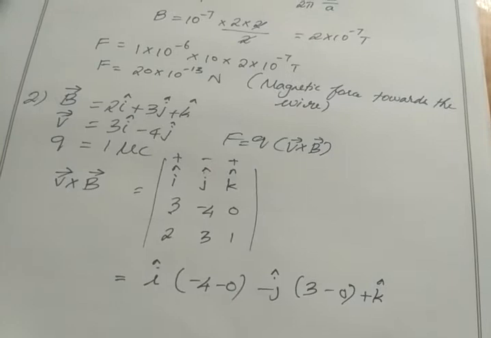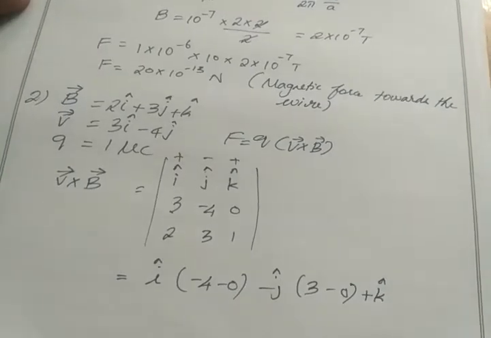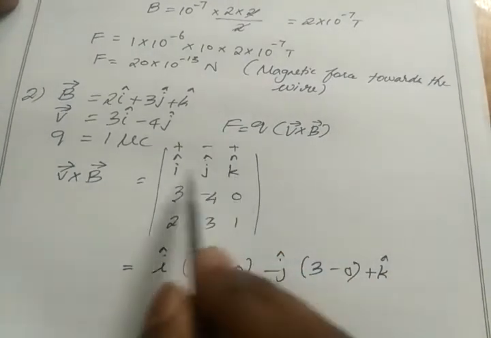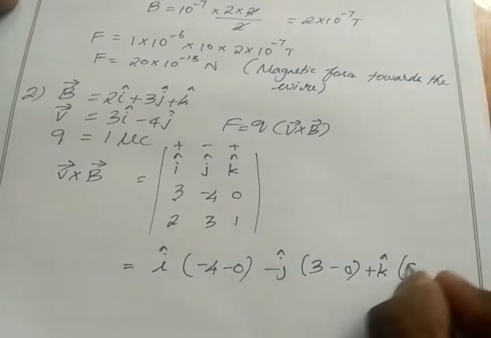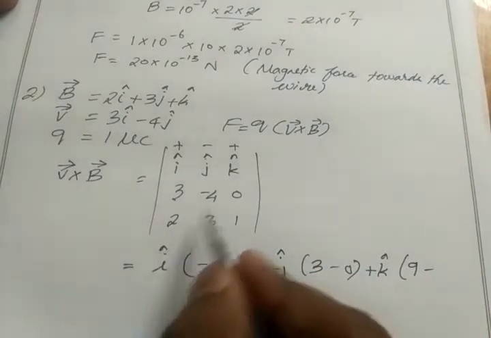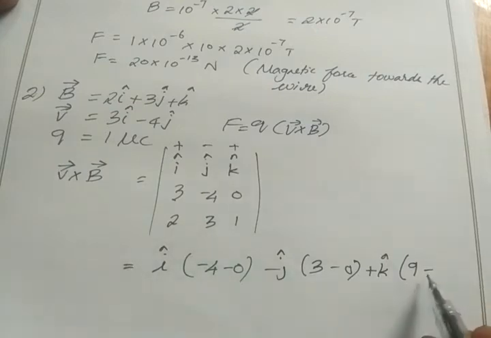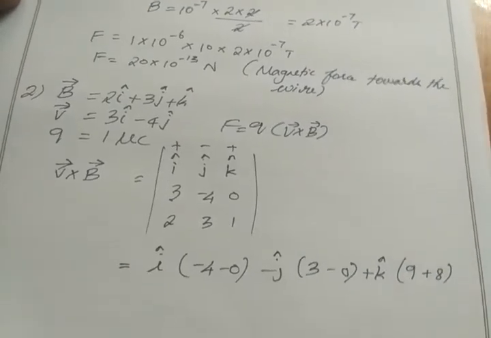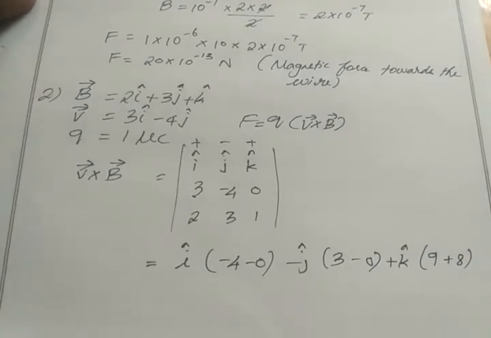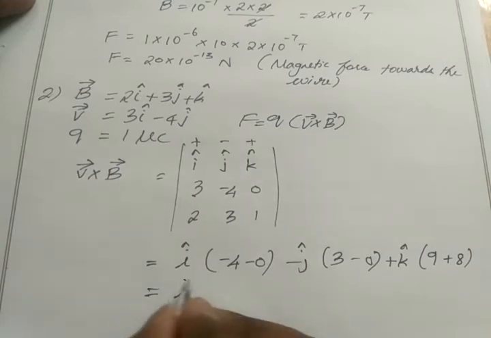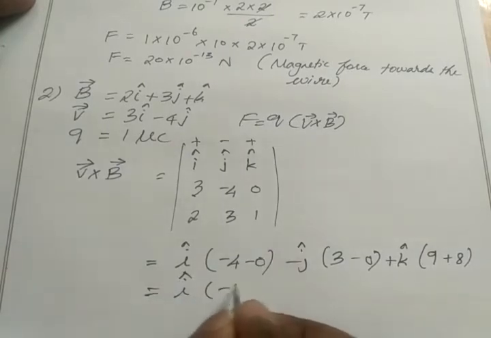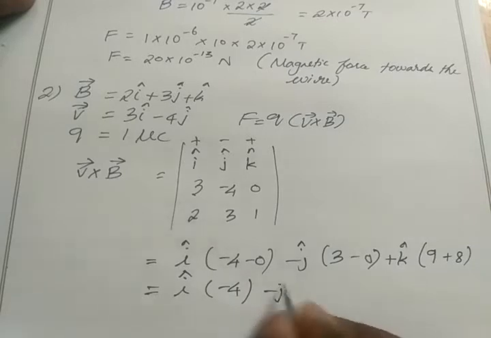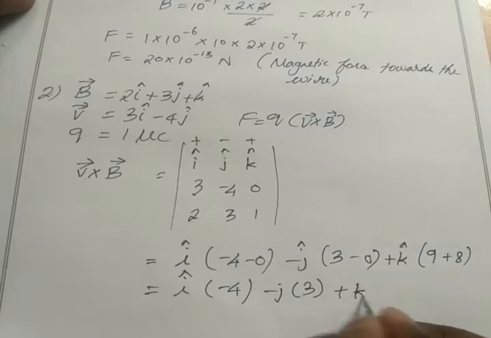So in k vector, leave this column and row. 3 into 3, 9, minus 2 into minus 4, minus 8. Already I have minus here, so plus 8. Clear? So solve this. i minus 4, minus j 3, plus k 17.